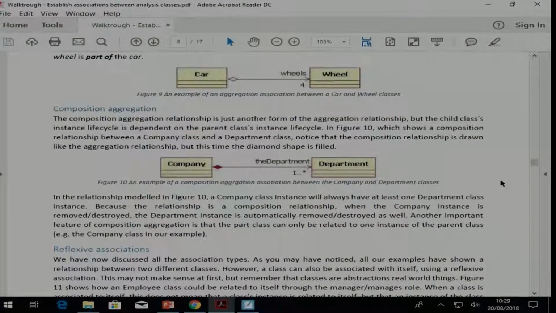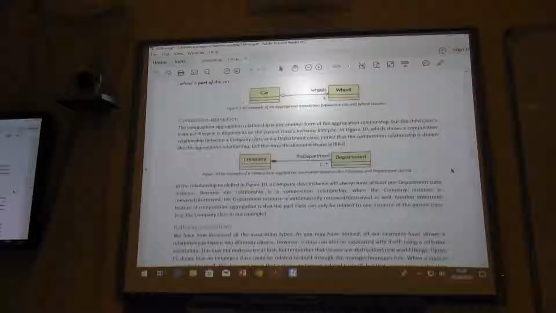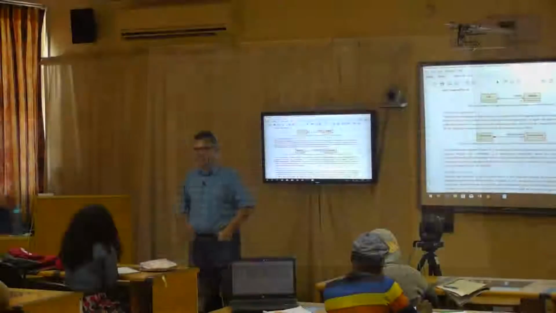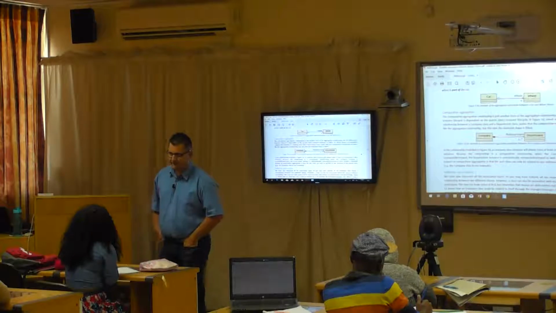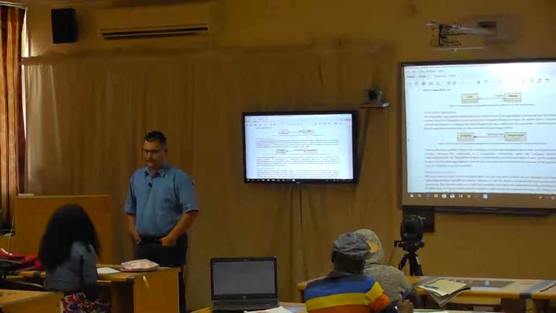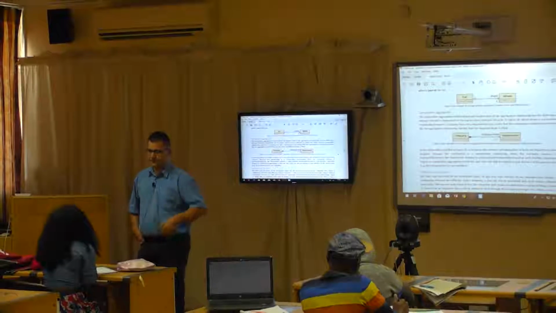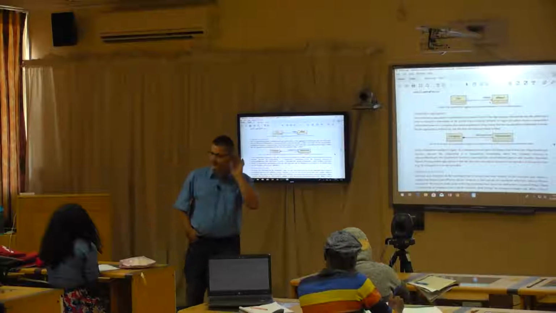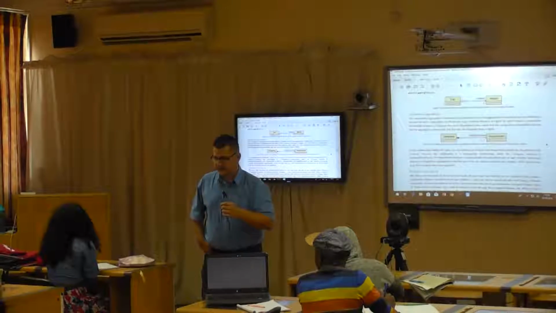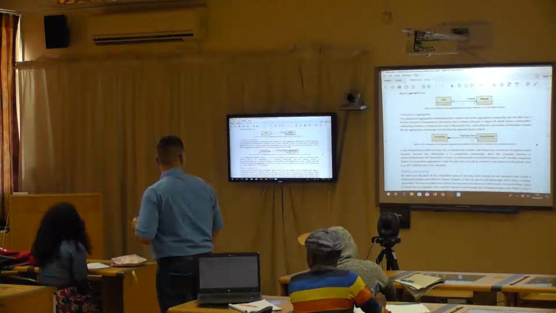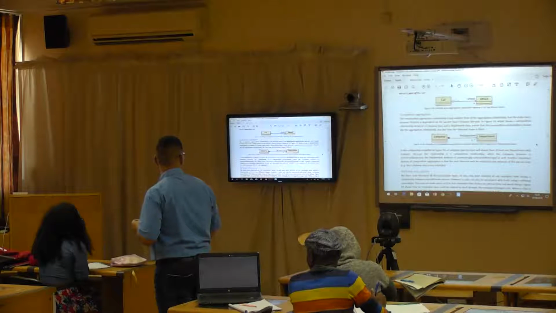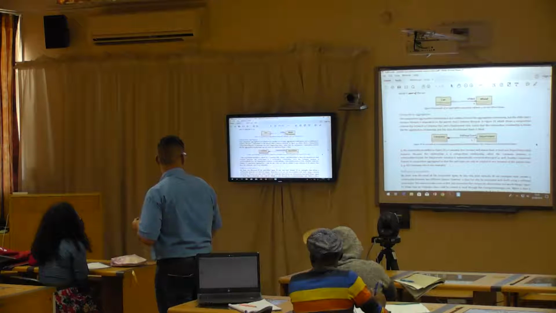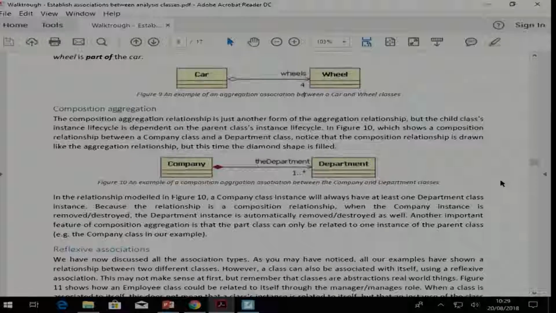Guys, when do we make something composition? How is composition indicated? How is it different from aggregation? You can see that one of them is part of the other one. Okay, so when one is part of the other one? The department is part of the company.